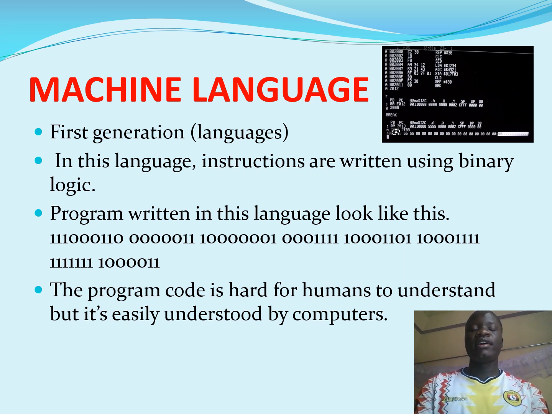But here, for binary logic, we talk of zeros and ones, whereby a computer understands that language of zeros and ones. Remember I told you that the English that we speak, a computer cannot understand. So the language of computer, which is binary language in zeros and ones, is the one that a computer understands.